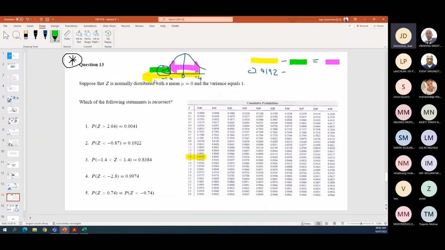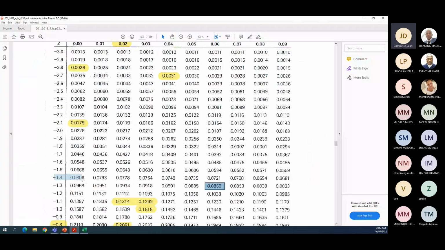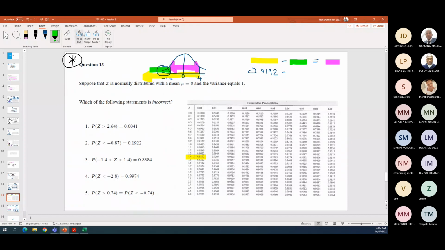That is where I go to the negative table of minus 1.4: 0.0808.